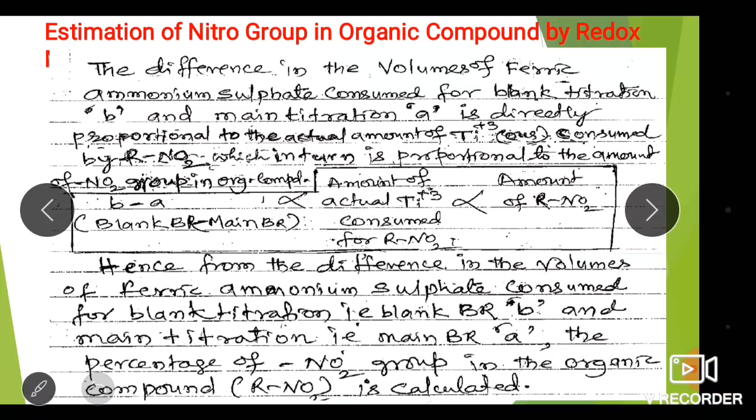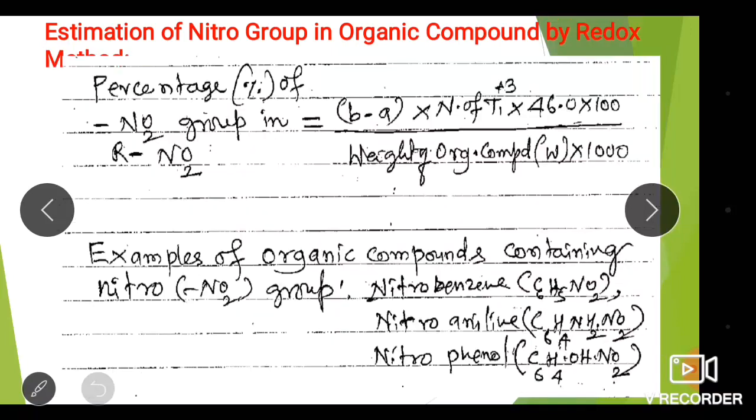Hence, from the difference in the volumes of ferric ammonium sulfate consumed for the blank titration, blank BR, and the main titration, main BR A, the percentage of NO2 group in the organic compound RNO2 is calculated by means of the formula.